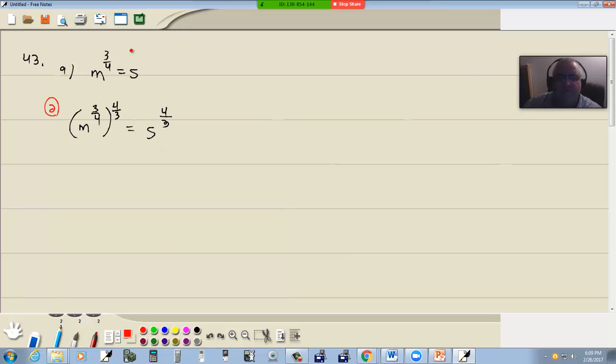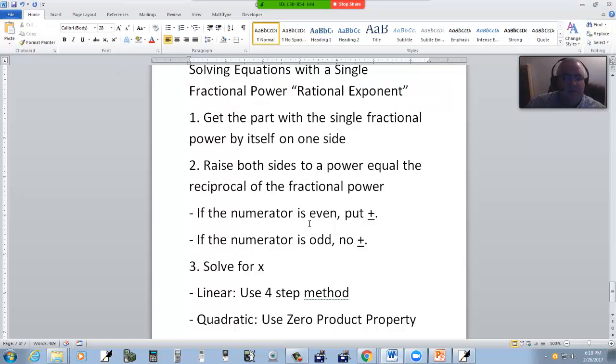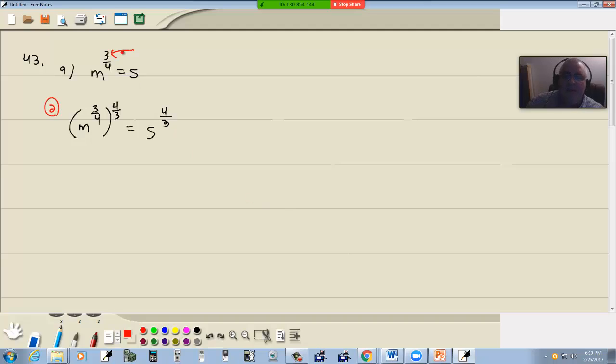Now, I refer to the number up on top, the numerator, as even or odd. Notice that this is odd, which means no plus or minus. Now the 3's cancel, the 4's cancel, and we get m is equal to something.